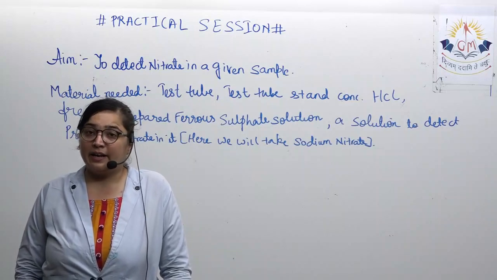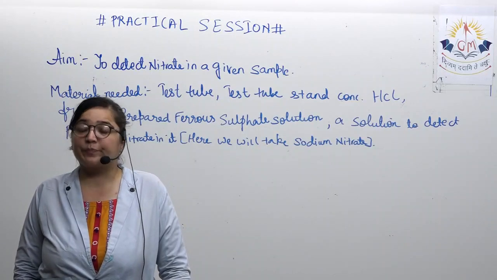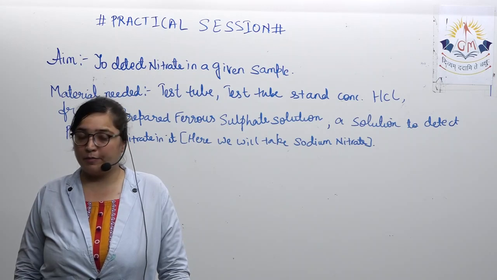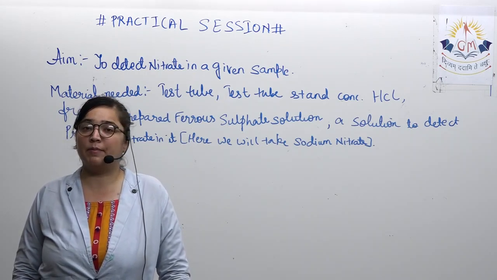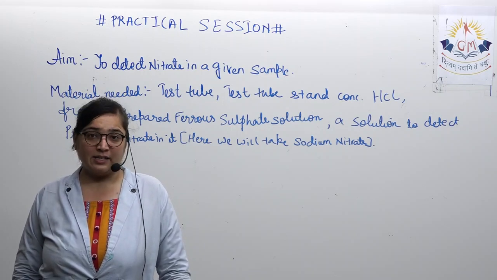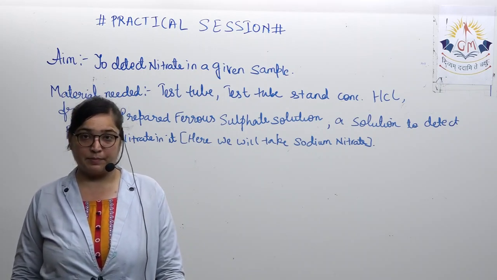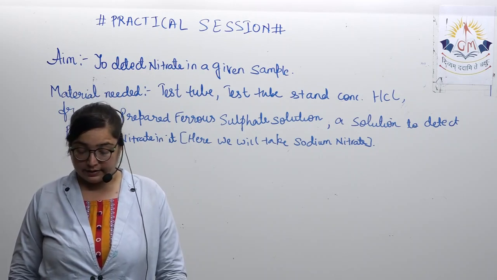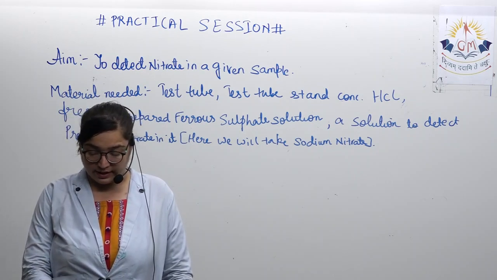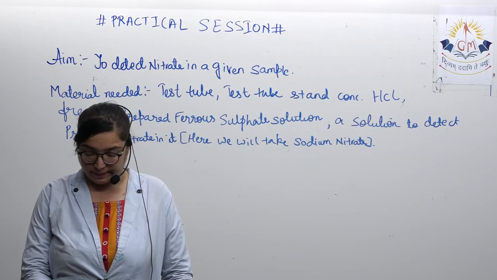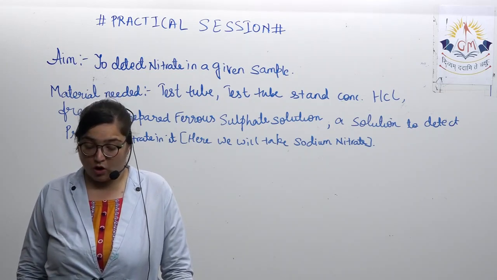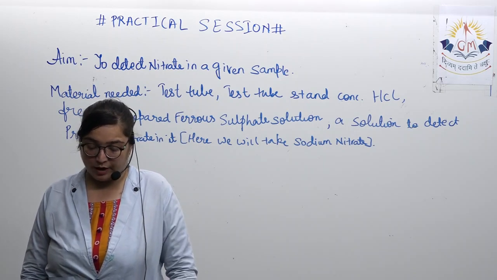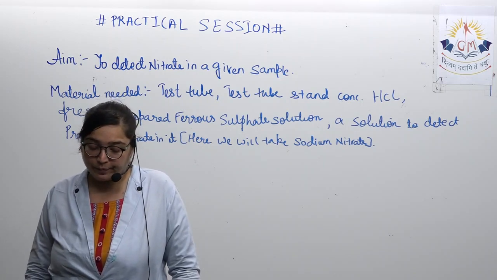Nitrate will get reduced and a complex salt will be formed that will result into the formation of brown ring. So that is its basic principle, and the iron will get oxidized. So this is also called as the brown ring test experiment for nitrate.